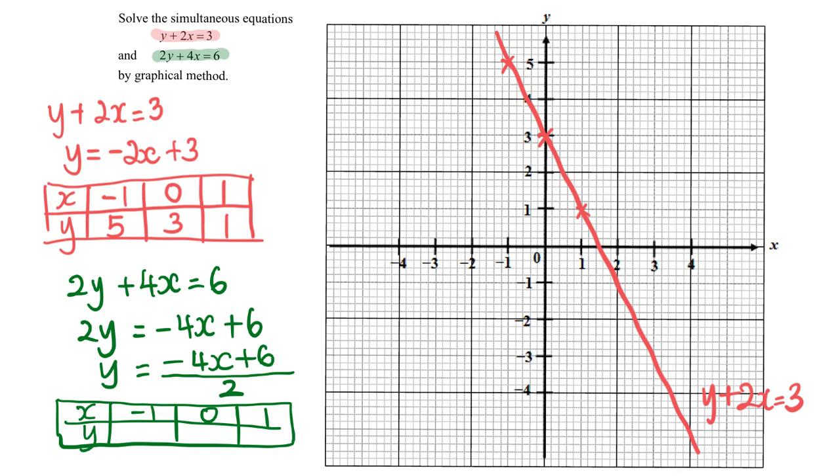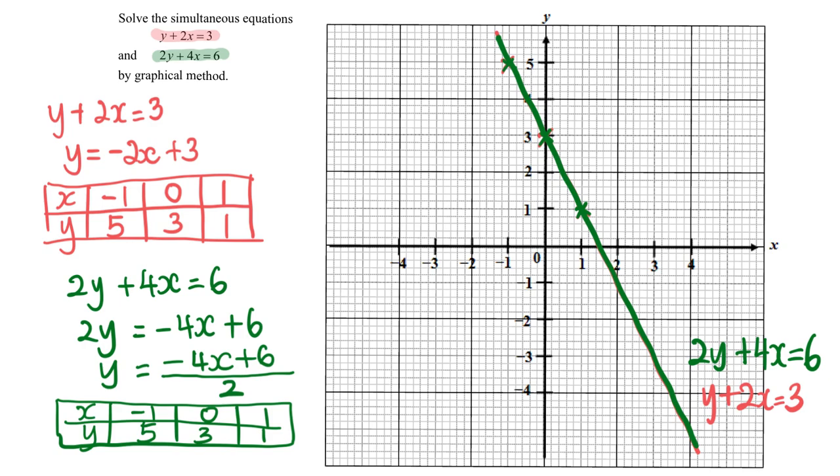Okay, and when I press the calculator, interestingly, this will give me these exact same points. So if I were to plot them out, do you realize that it is actually the same line that we are looking at?